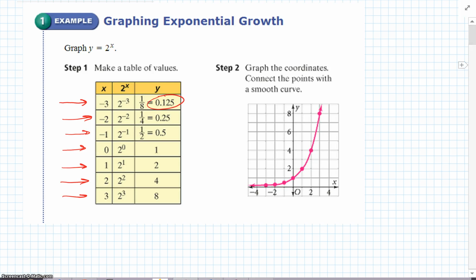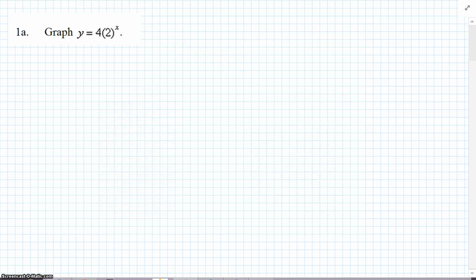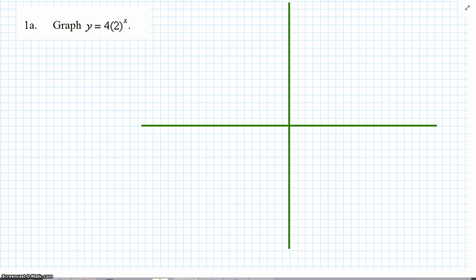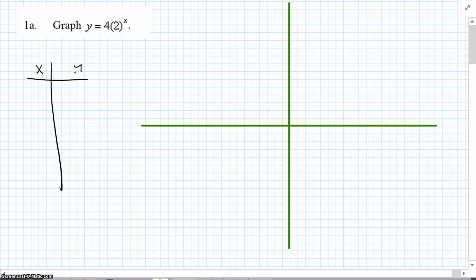Okay, let's graph y equals 4 times 2 to the x power. Let's make our chart for x and y values. We'll go -2, -1, 0, 1, and 2.